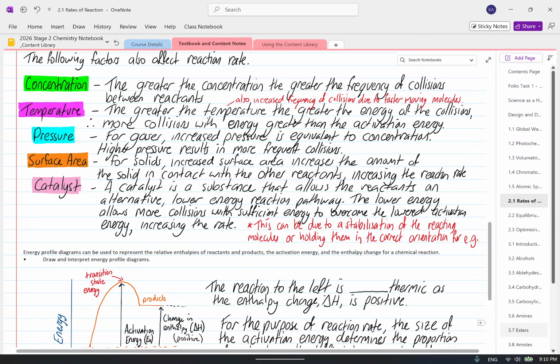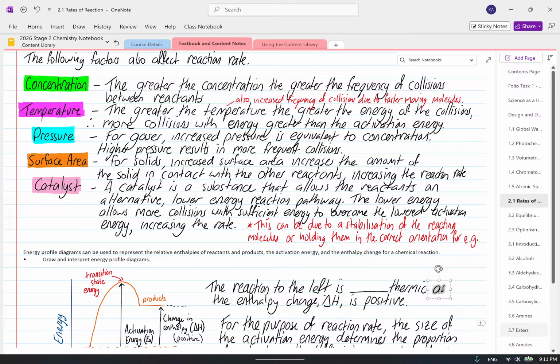The catalyst is some sort of substance that allows the reactants some other way to react that has a smaller activation barrier. So we're going to look at activation barriers in a minute. Regardless, we have our activation barrier, say that's this high. Our catalyst will reduce that activation barrier so that there will be more successful collisions occurring. So a greater proportion of collisions will be successful because the activation energy barrier is smaller.